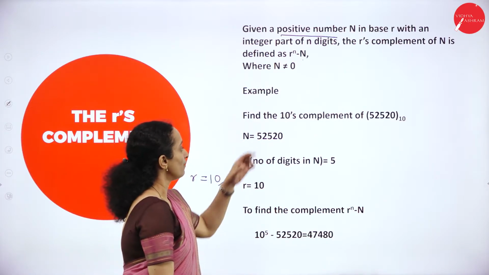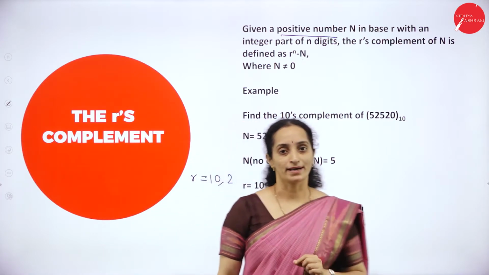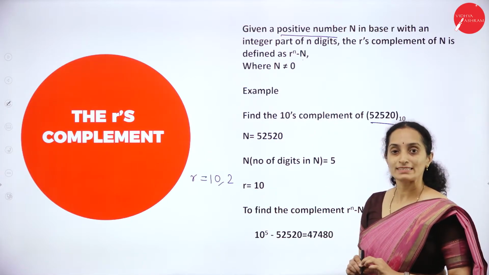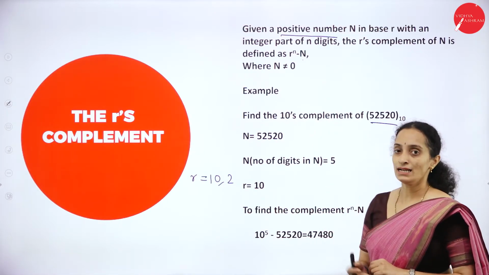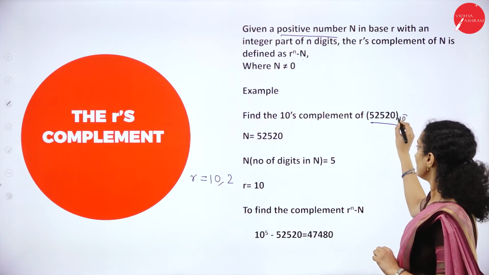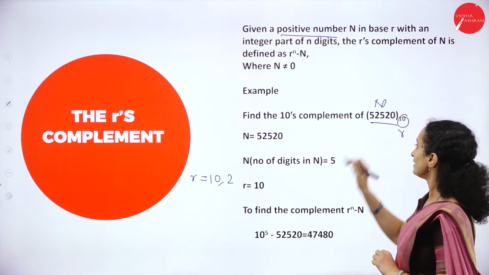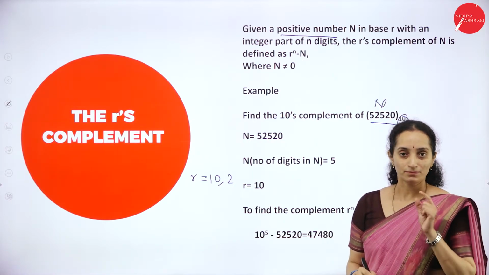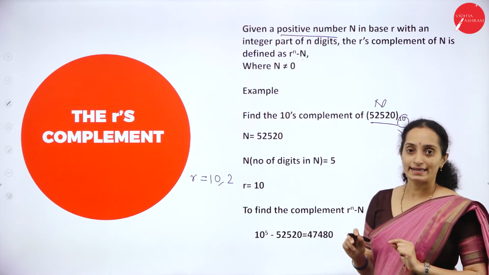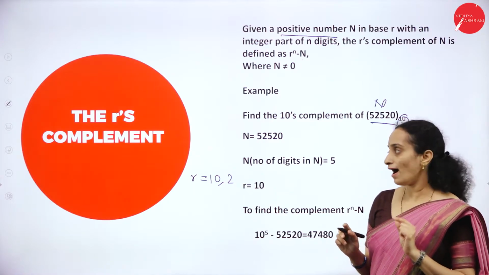Now, I have an example here. I am using the number 52520, which is represented in the decimal system. 52520 is the N and is represented with a base of 10, which is R here.